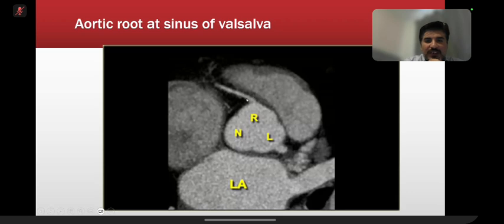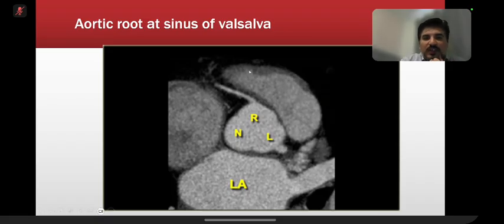One is the right coronary artery, which arises at the 12 o'clock position. Another one is the left coronary artery, which arises at 4 to 5 o'clock position and then divides into the left anterior descending artery as well as the left circumflex artery. So these are the triple vessels, or triple coronaries. Okay. I hope it is clear.